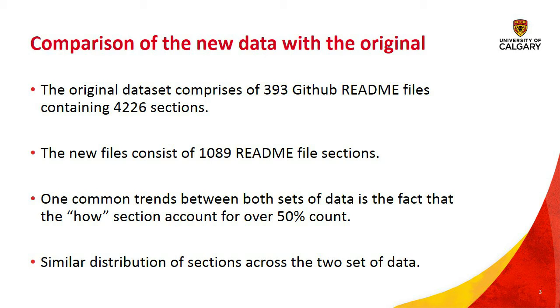The new files, on the other hand, have over 1,000 README file sections, and there is a common trend between these two sets of data. For example, the category that we categorized as how, that is code 3, accounts for 50% of the total count in each of these files.